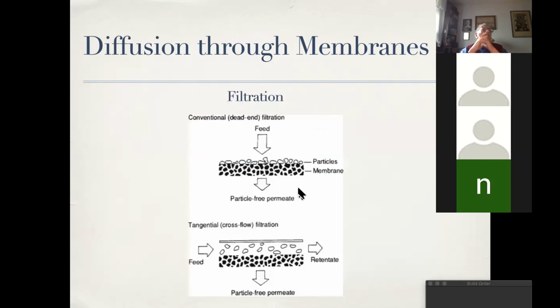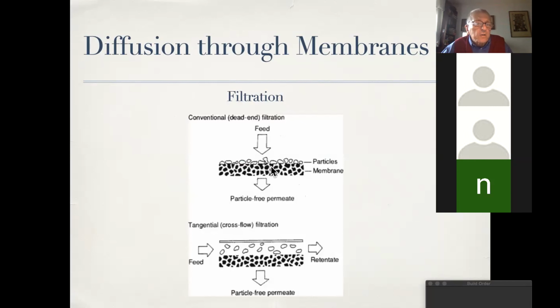The third one, filtration, is even more simple. We have the current of the liquid with a suspension, which comes to the membrane, and it just goes through via the holes. This is the process of filtration.